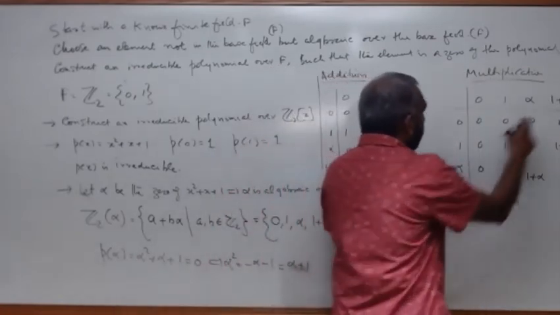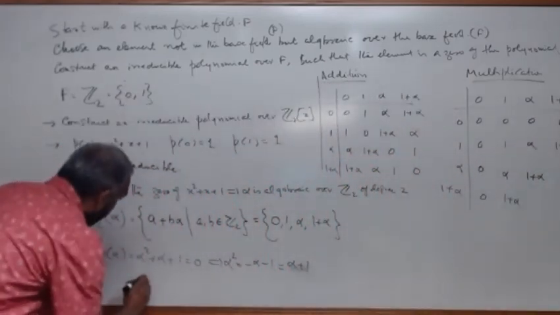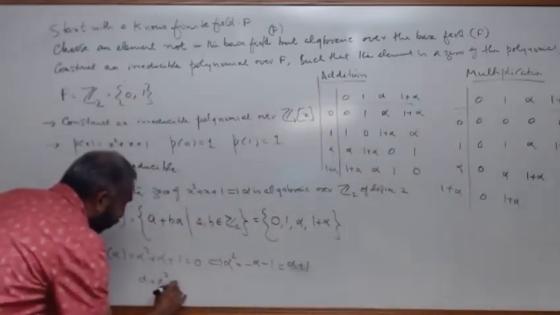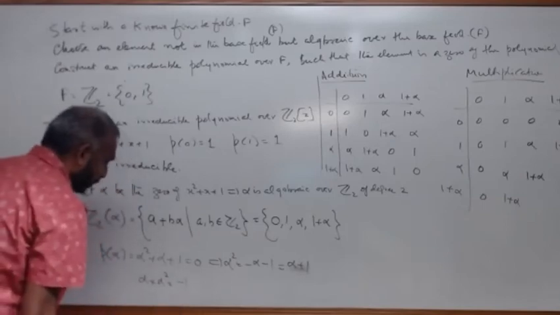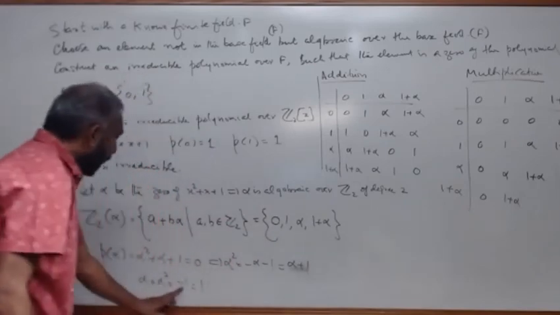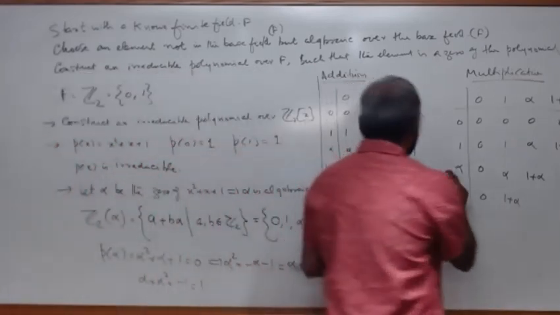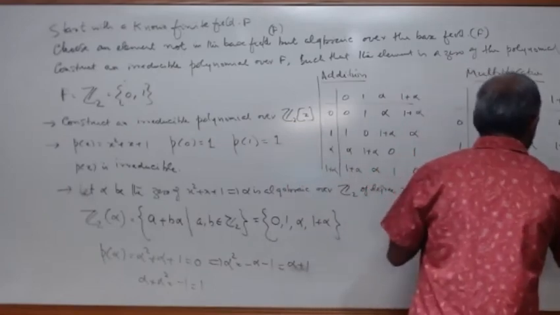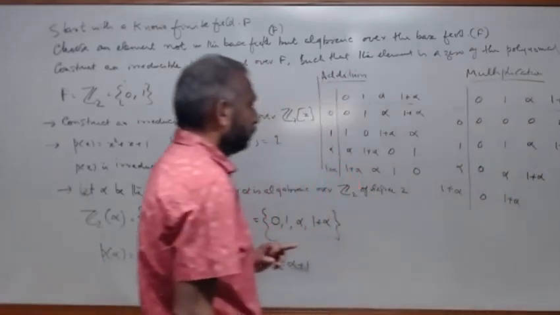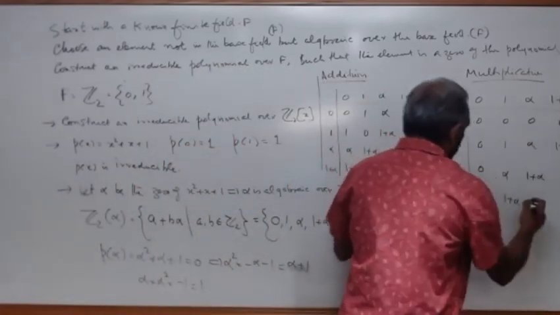This will be alpha plus alpha squared. Alpha plus alpha squared is equal to minus 1, and that is actually equal to 1, because the additive inverse of 1 is 1. So this will become 1, and here this will be the same, 1.